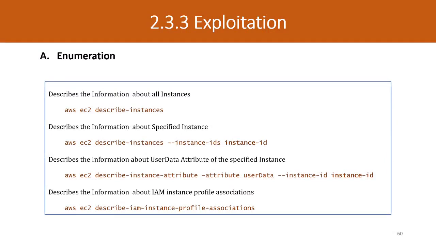In this module, we will discuss how we can enumerate different data or information from AWS EC2 instance services, how we can use those services, and how we can utilize AWS CLI or APIs to enumerate all this information.